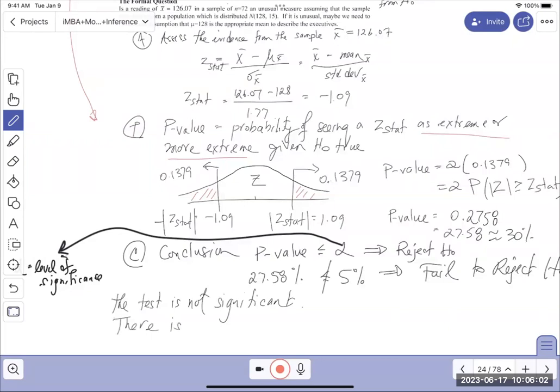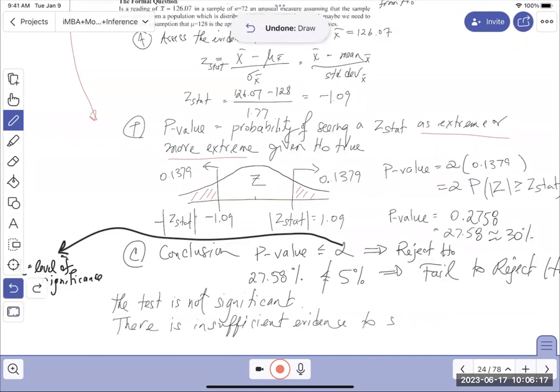You say in the sentence, there is insufficient evidence to suggest... oh, well, I'll just say it.